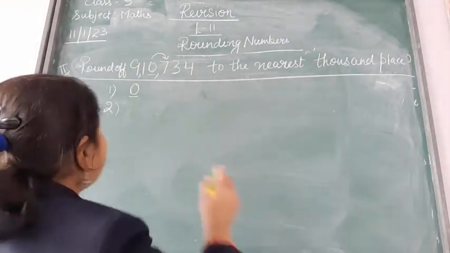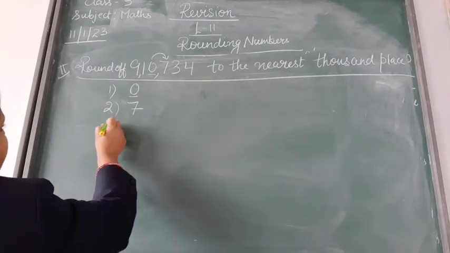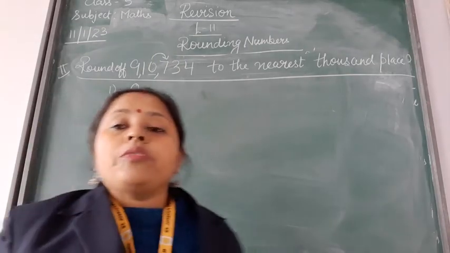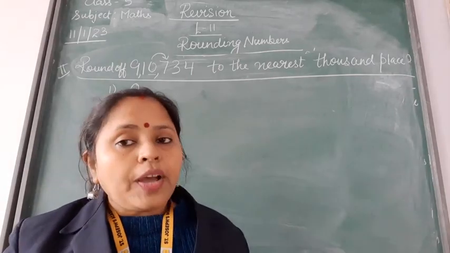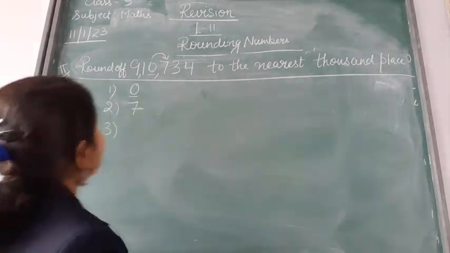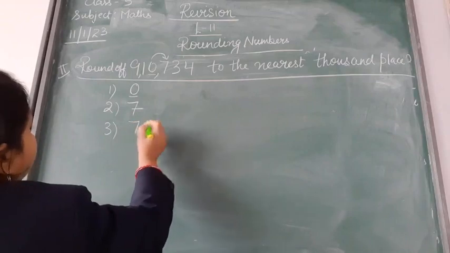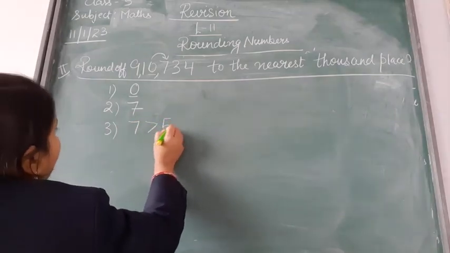The digit on the right hand side of the rounding off place is 7. Now in our third step, we will check whether 7 is bigger than 5, equal to 5 or less than 5. In this case, 7 is bigger than 5.